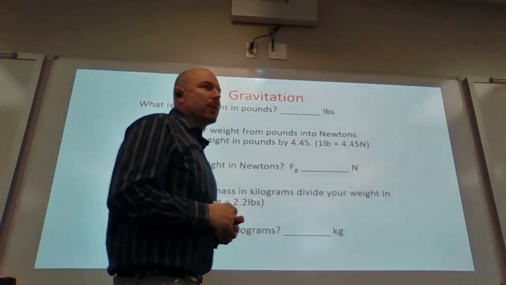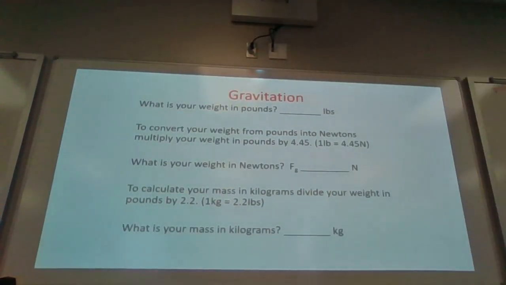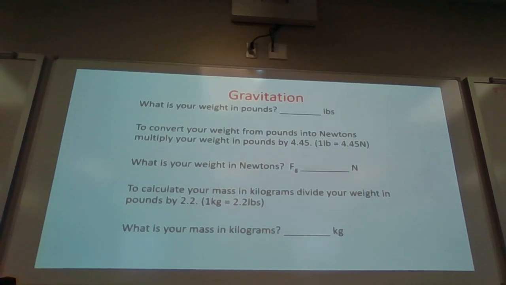Take your weight in pounds. I want to convert that to newtons. How much do you weigh in newtons? To do that, take your pounds and multiply that by 4.45. Take your weight in pounds and multiply by 4.45.